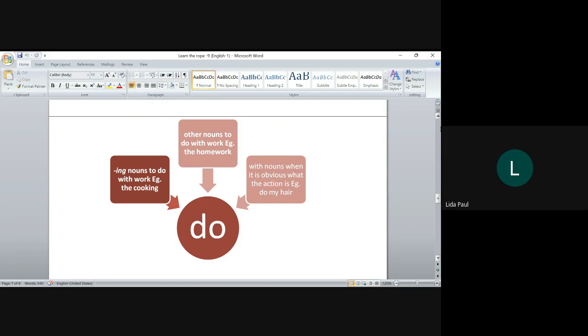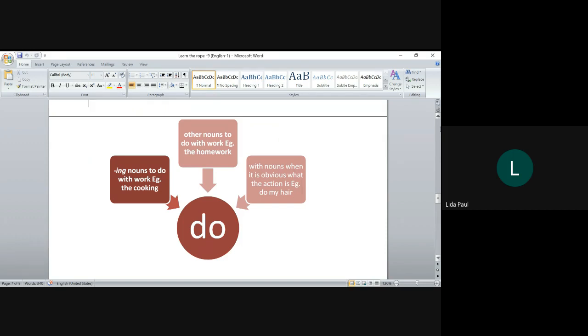Okay. Then the next part you have here is other nouns to do with works. Something that is generally related to your work, which includes professional work and other activities, like you do the homework, do the artwork, finish the artwork, or finish the housework, or finish the gardening, or so on and so forth. Okay, do the gardening, etc.